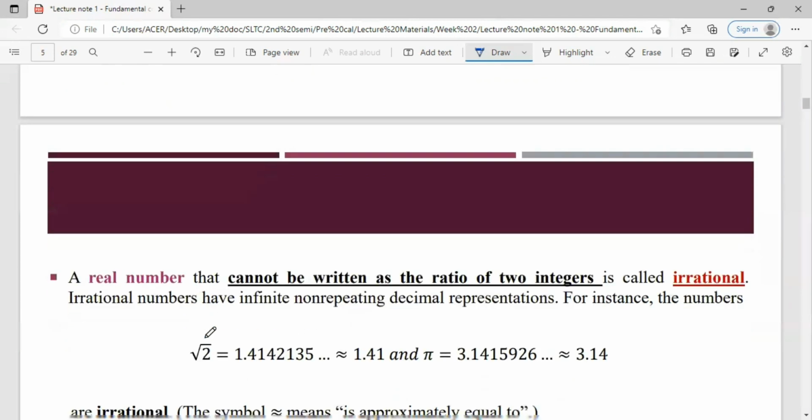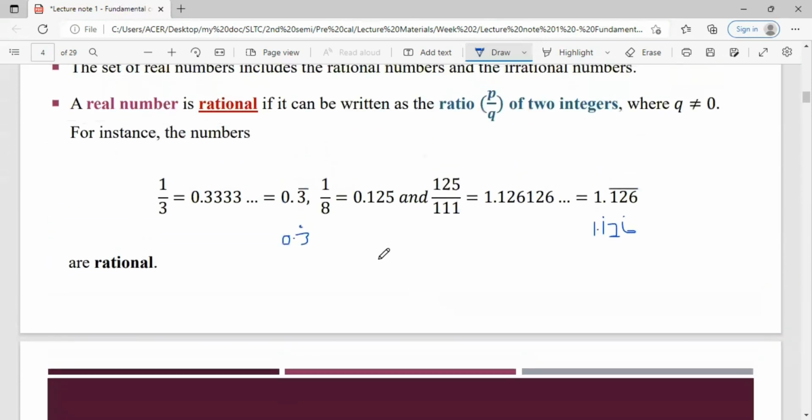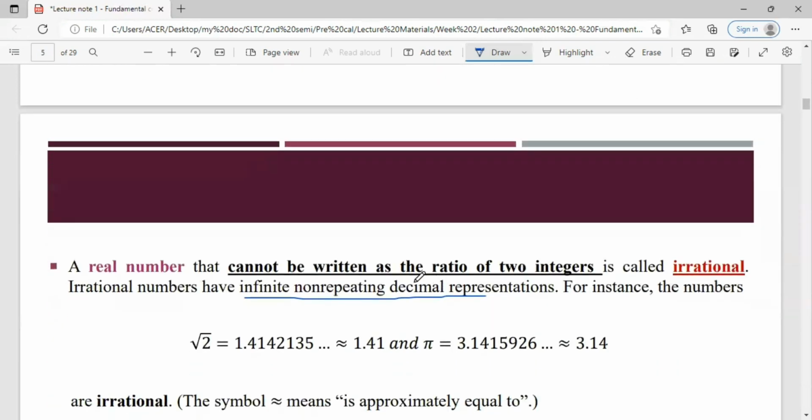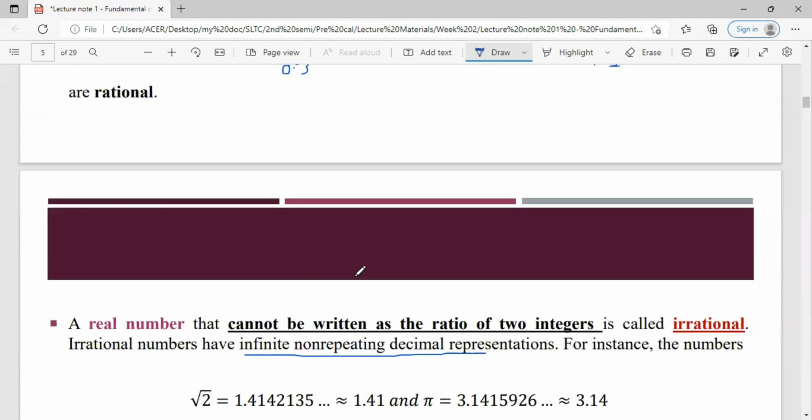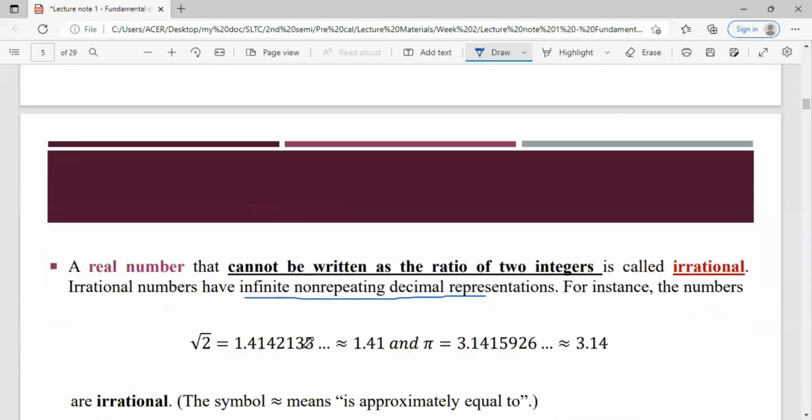ඒ කියන්නේ irrational numbers have infinitely many non-repeating decimal places. Decimal representation, non-repeating. Here there are infinitely many values, but with a repeating decimal we know the pattern, whereas here there is no pattern, so that means non-repeating, right?